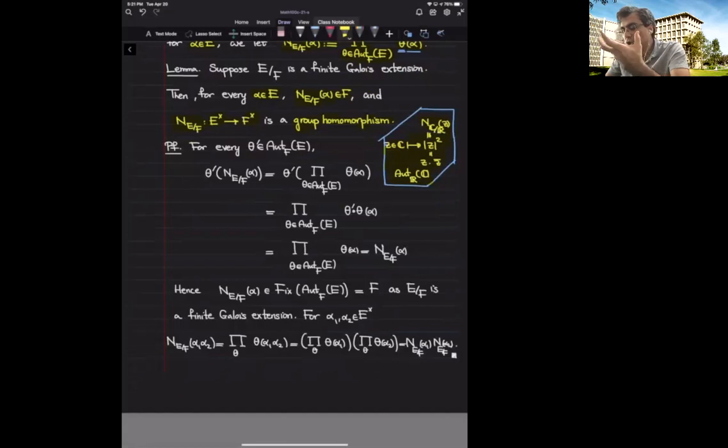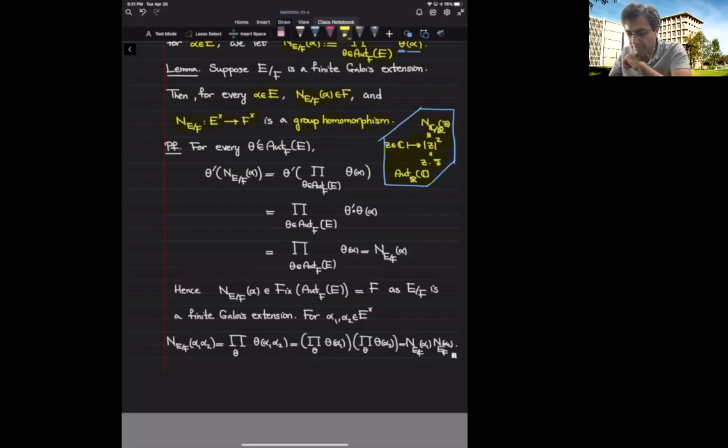So in order to show that the norm of alpha belongs to the base field capital F, it is enough to show that the norm of alpha is fixed under theta prime for every theta prime in the F-automorphisms of the field E.